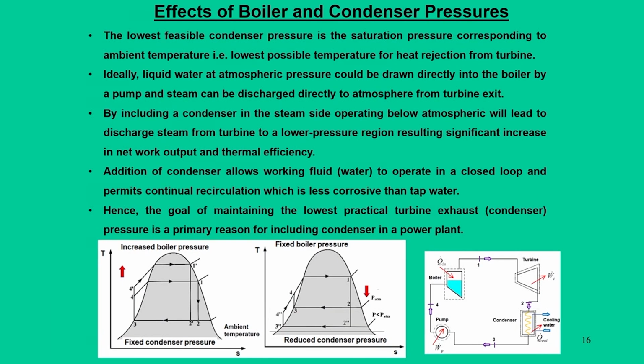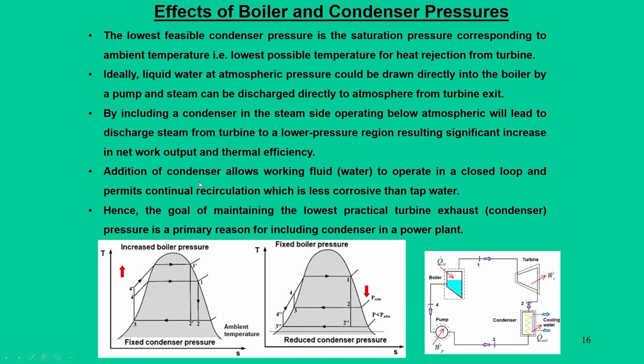To summarize, the lowest feasible condenser pressure is the saturation pressure corresponding to ambient temperature, and that is the lowest temperature for heat rejection from the turbine. Ideally, liquid water at atmospheric pressure could be supplied directly by the boiler or pump, and steam could be discharged to the atmosphere at the turbine exit. But including a condenser on the steam side and operating below atmospheric pressure leads to discharge of the steam turbine at lower pressure, thereby improving the thermal efficiency.